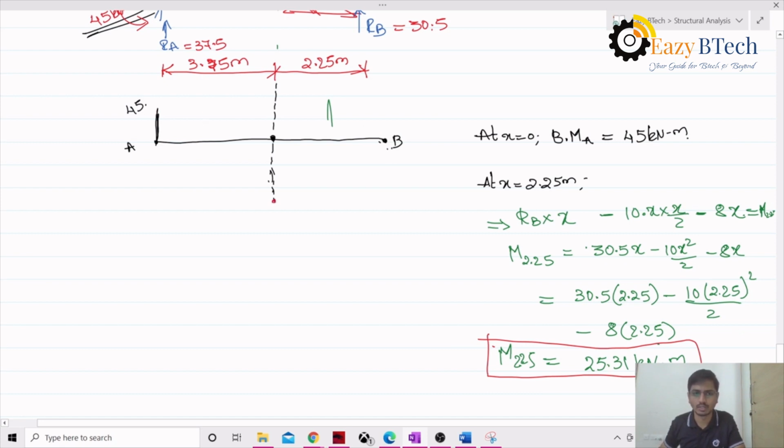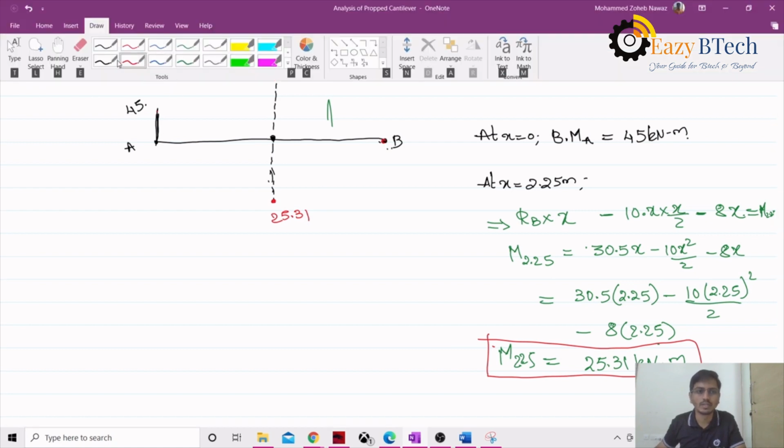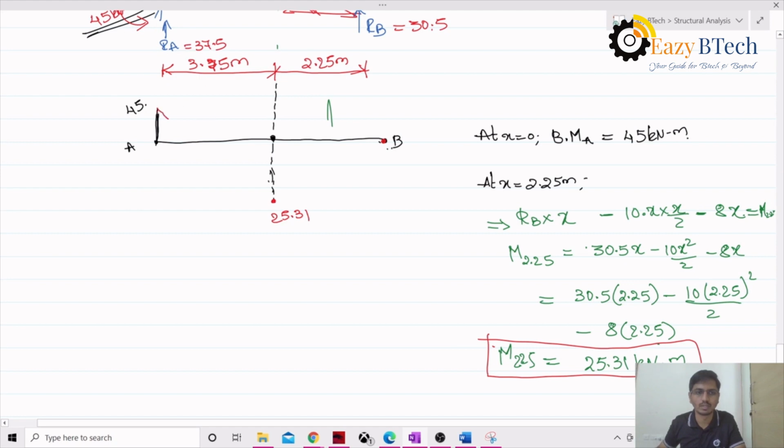We know this value is 25.31. From this, the value is 0 because of a property. The bending moment which we'll get is like this. So it will start from here, and since this is a parabolic curve, it's not triangular actually.